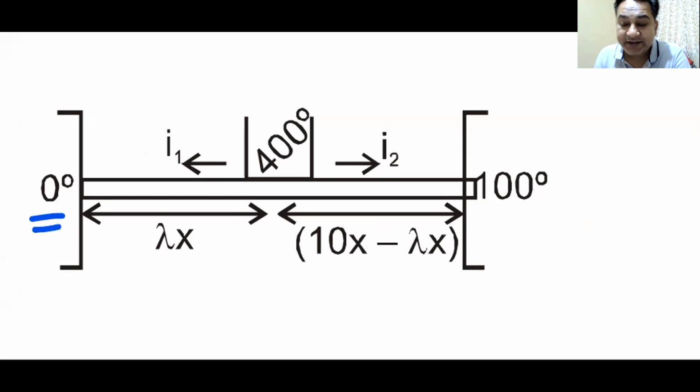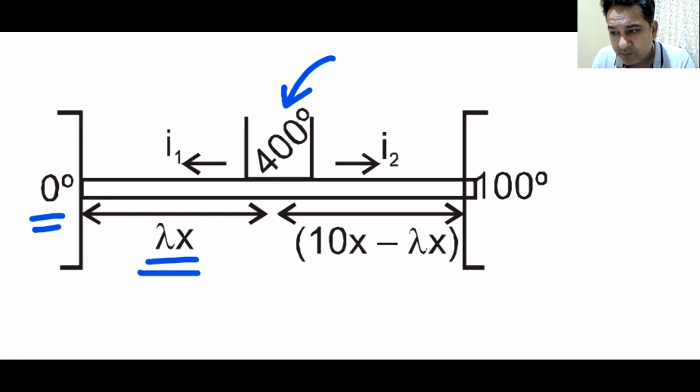So what is the diagram, sir? This is your ice end, yes or no? The distance of this point, which is maintained at 400 degrees, from the ice end is lambda x.